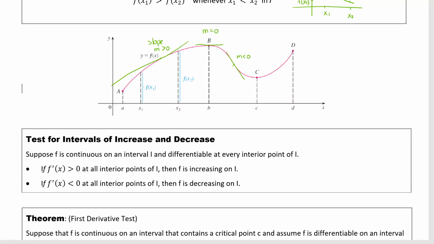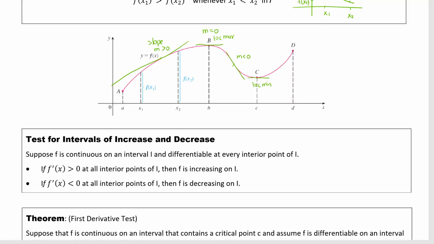And you can see at point B, where the slope is 0, we actually get a local maximum. And at point C, you can see we have a local minimum, and the slope is also 0.